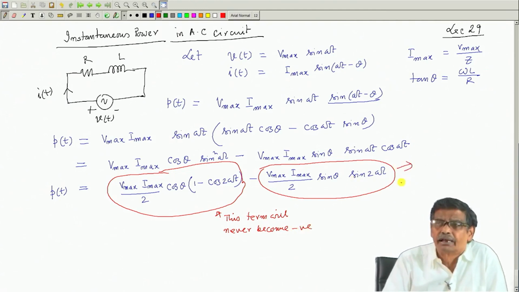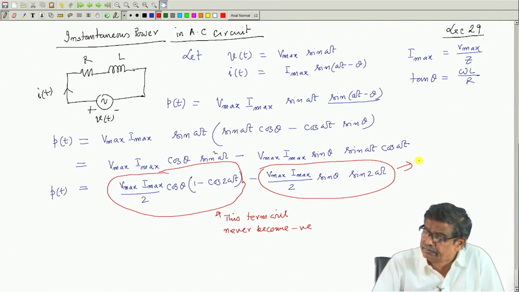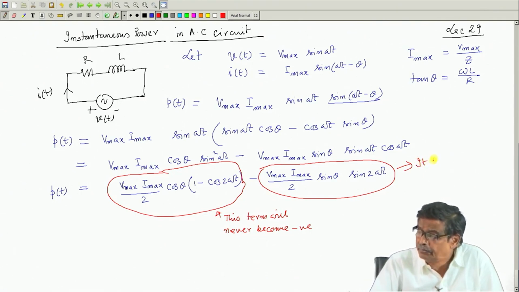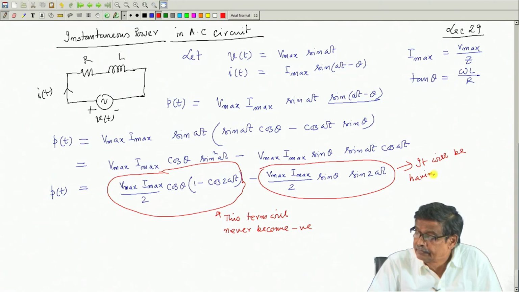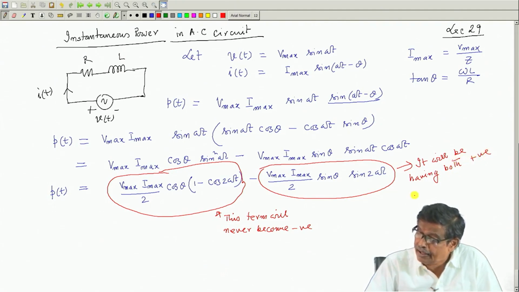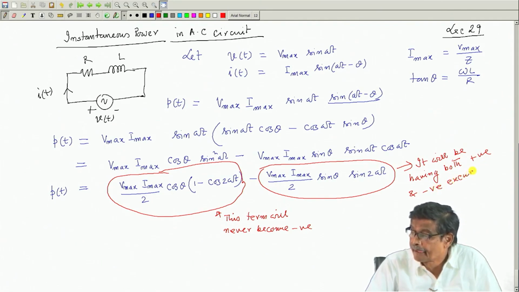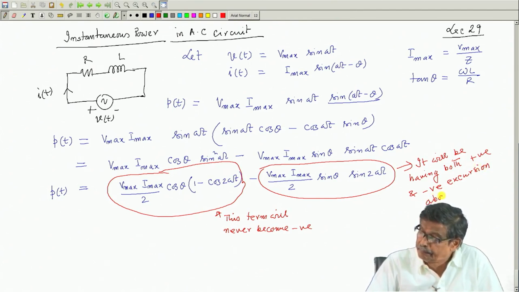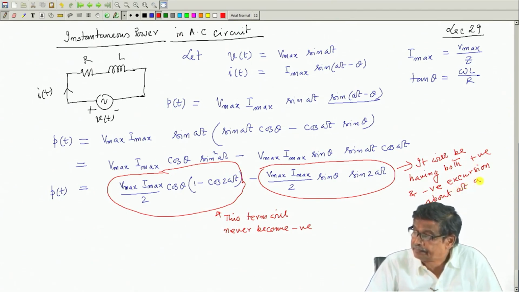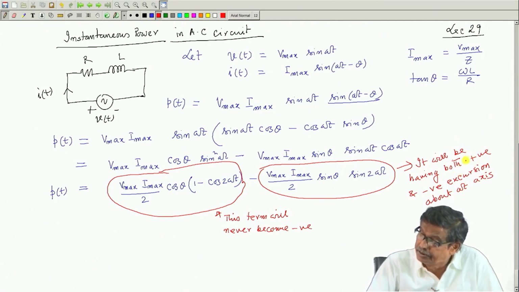This term, since sin 2 omega t, will be having both positive and negative excursion about omega t axis, having both equal positive and negative excursion.